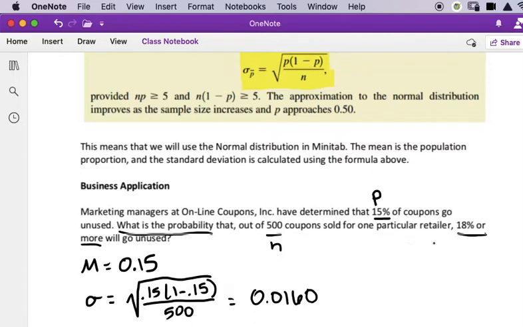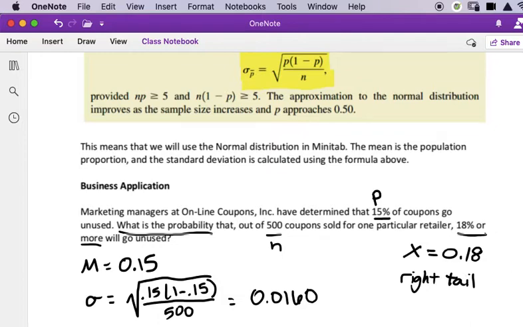And so since the question is asking for the probability, this 18% or more is going to be an X value. And we're going to again convert it to a decimal, 0.18. And then since it's 18% or more, I'm going to do a right tail because 18% or more is going to be numbers on the right of 18% on the number line.